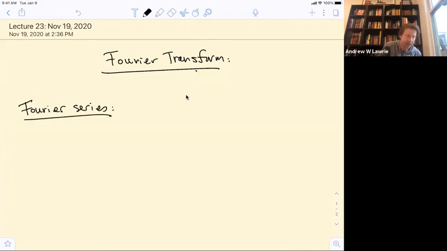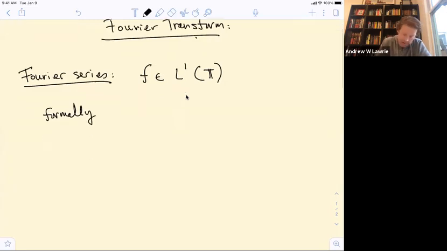For Fourier series, now with our new sophisticated treatment, we took f in L1 of T, and then formally we asked whether f of x can be represented by its Fourier series, the sum of f hat n e to the i n x.